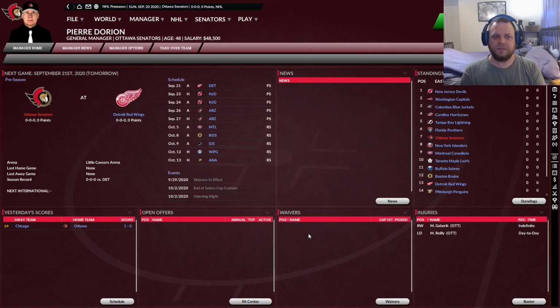But there are some examples of trades like that. Off the top of my head, I can remember the trade between Nashville and Columbus that sent Ryan Johansen to Nashville for Seth Jones. Ryan Johansen was a young, upcoming center, and Nashville wasn't very deep at center at the time, and they had extra defensemen, so they sent Seth Jones, a defenseman, to Columbus for Ryan Johansen.